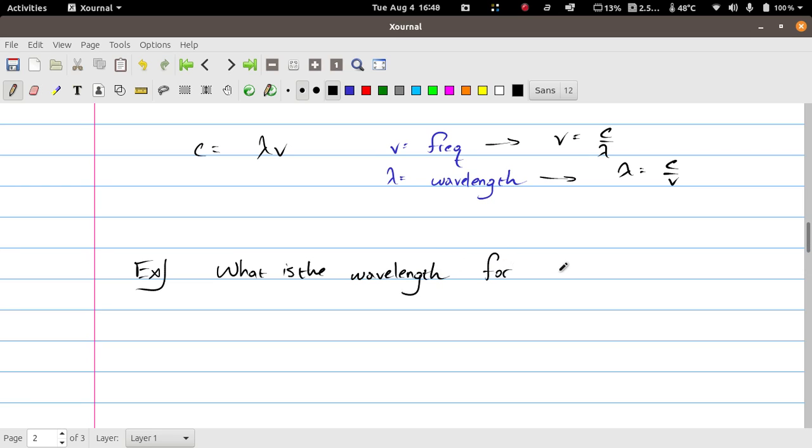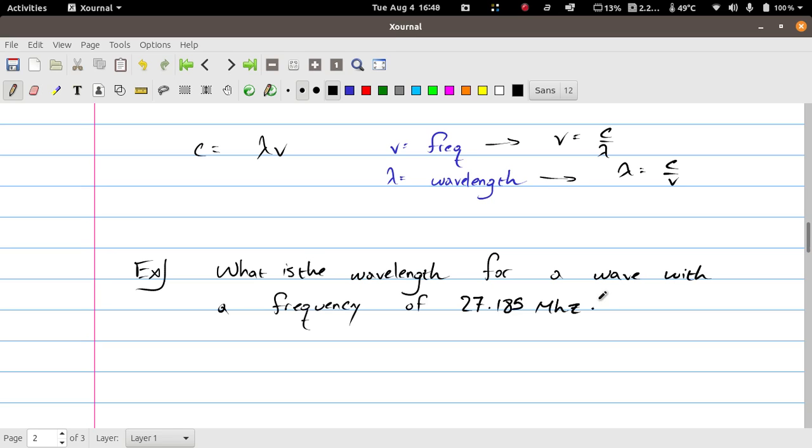So what is the wavelength for a wave with a frequency of 27.185 megahertz?